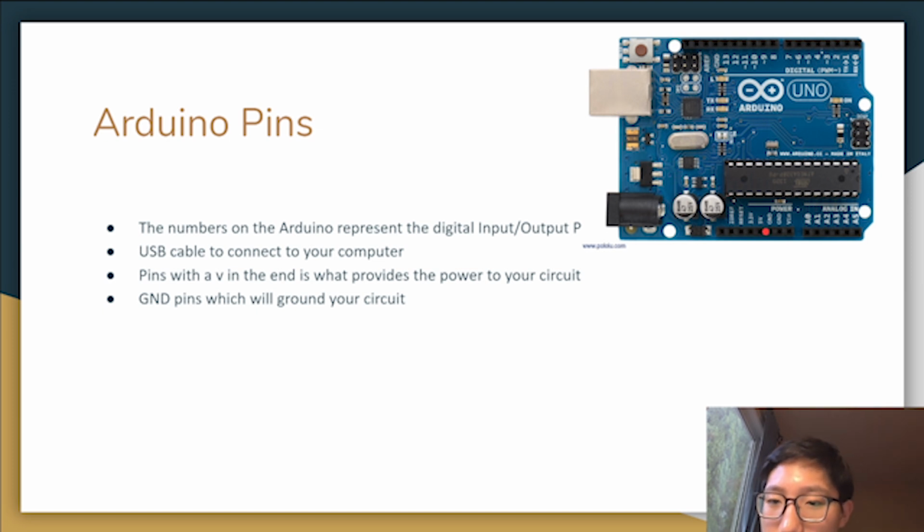And here, you see that there's 3.3V and 5V. Pins with a V in the end is what provides the power to your circuit. So the 3.3V and 5V is actually 3.3 volts and 5 volts. Next to it is the GND pins or the ground pins, which I explained in the last screen.